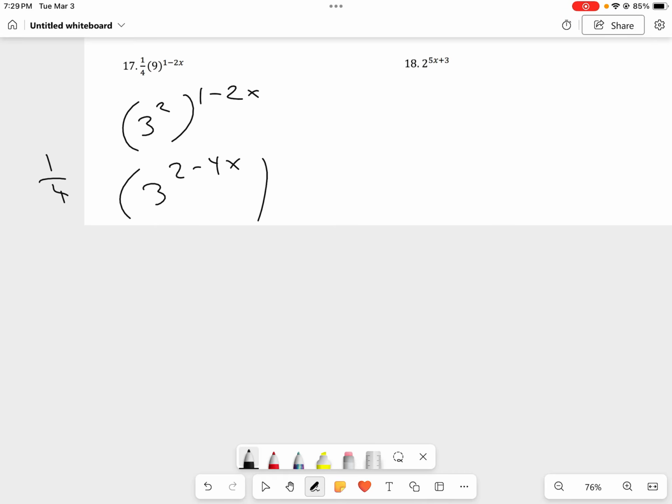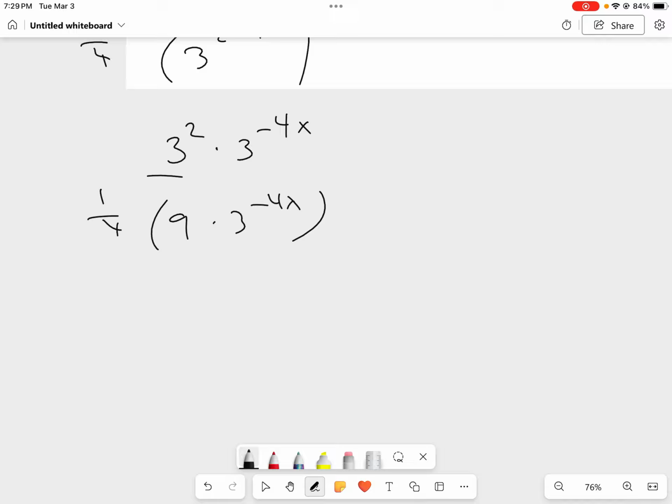So simplify that further, that's just 3 squared times 3 to the negative 4x. We can simplify this, look at that. That's just 9 times 3 to the negative 4x. And let's take the 9 outside with the 1 over 4. So we just have 9 over 4 times 3 to the negative 4x. But we're not done yet. We need to get it in terms of x.